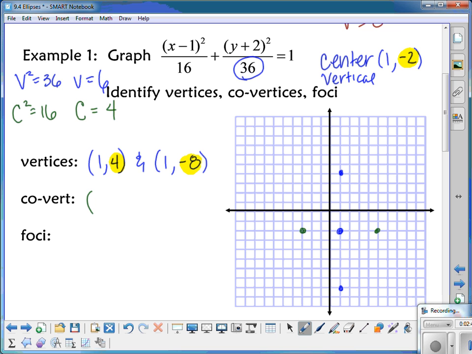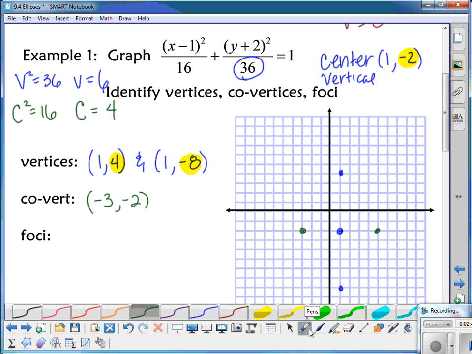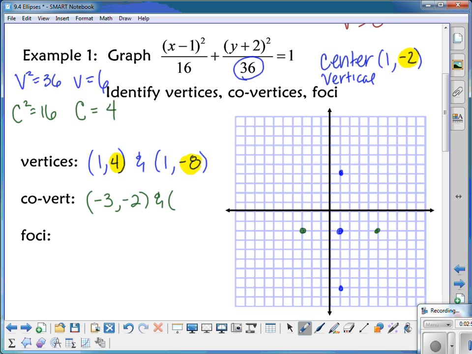So 1 minus 4 is negative 3, but it's still at negative 2. And does that jive with what I have on my graph? Is that where the point ended up? It is, yeah. And then the other point is at 5, negative 2, because again, if we just do 4 plus 1, we're going to get that.